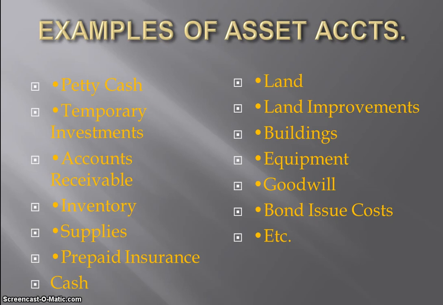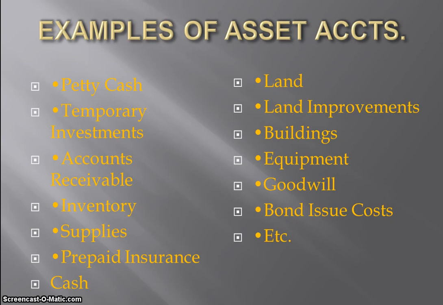Inventory is a current asset, using the ending balance, that reports the cost of merchandise products awaiting to be sold. And supplies, of course, your prepaid insurance. Prepaid insurance is a current asset which indicates the cost of the insurance contract premiums that have been paid in advance. Of course, you have your cash, your land, and then land improvements.